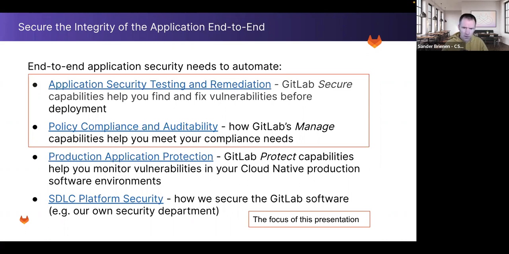I see a question coming in. What does DevSecOps mean? DevOps is an abbreviation of development and operations, where we put development teams and operations teams more closely together, and they are together responsible for deploying the software into production. So it's not purely an operations responsibility anymore, but also a development responsibility.